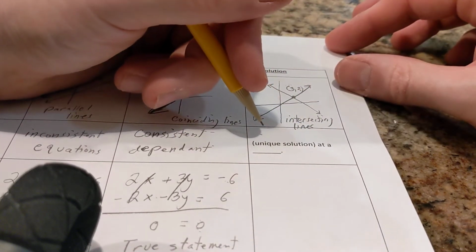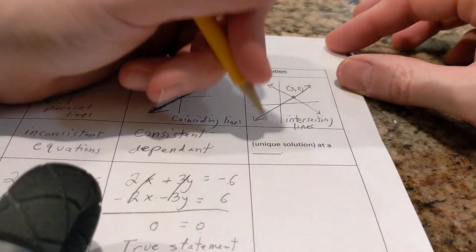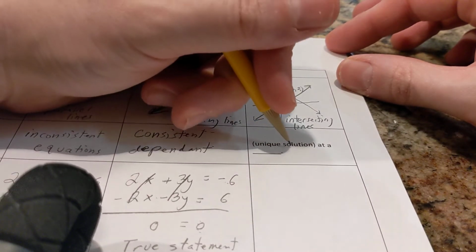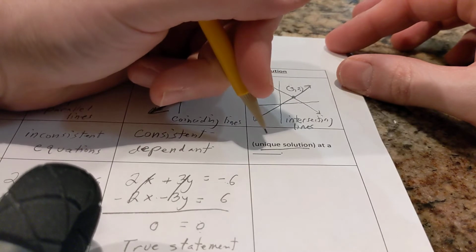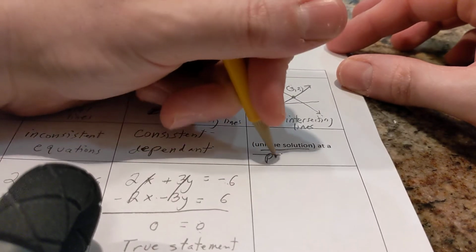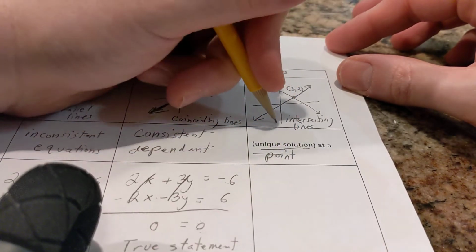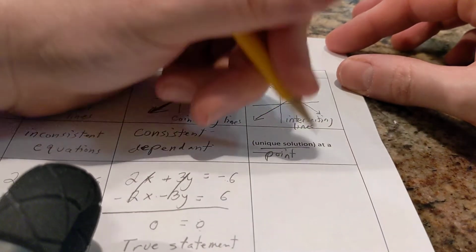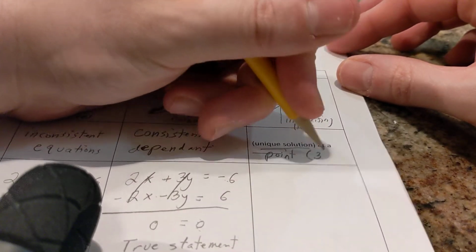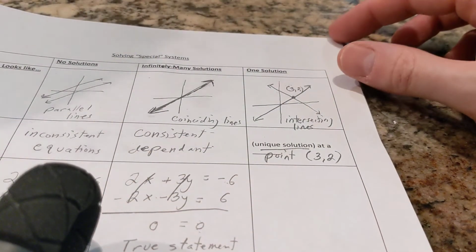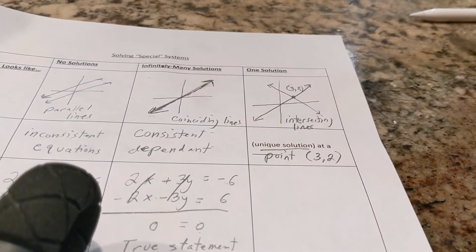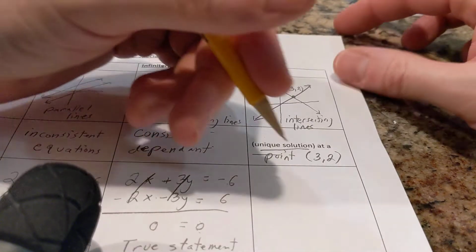This is called a unique solution at a point. So this one has a unique solution at the point 3, 2, or whatever point the lines happen to intersect at.